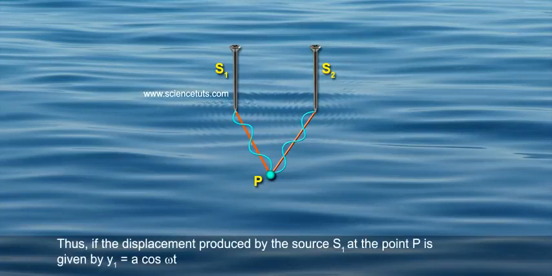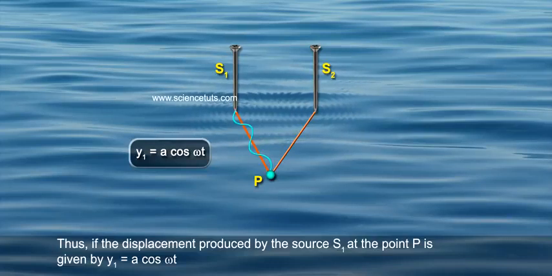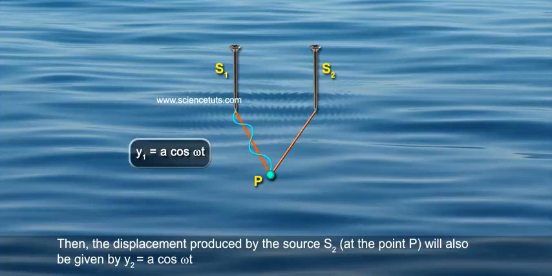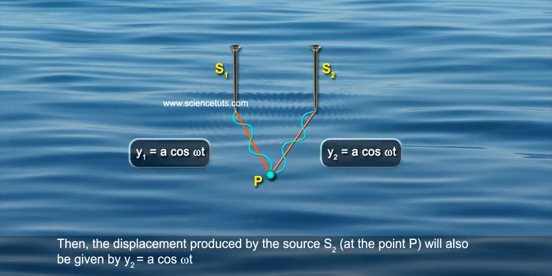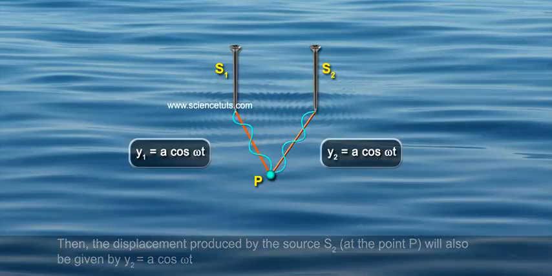Thus, if the displacement produced by the source S1 at the point P is given by y1 equals a cos omega t, then the displacement produced by the source S2 at the point P will also be given by y2 equals a cos omega t.